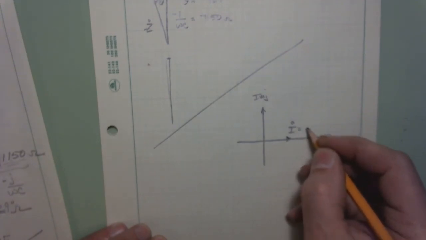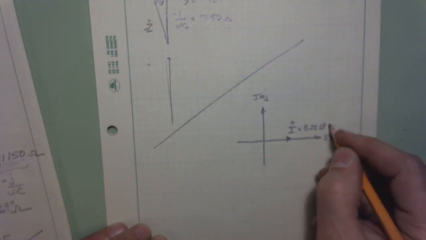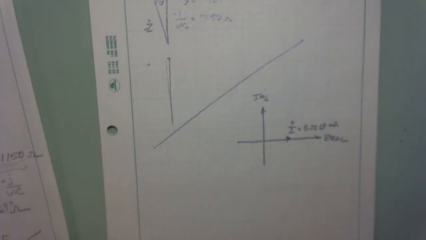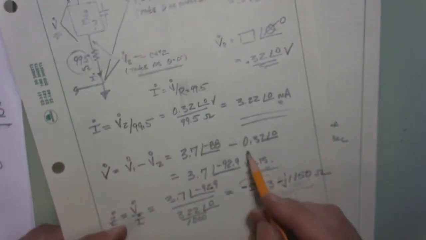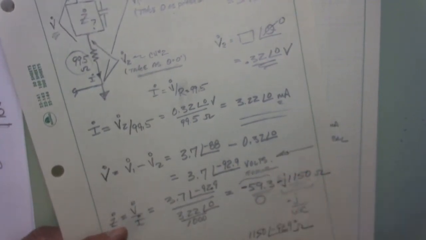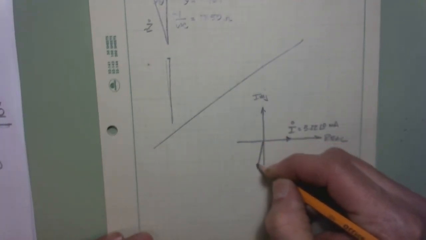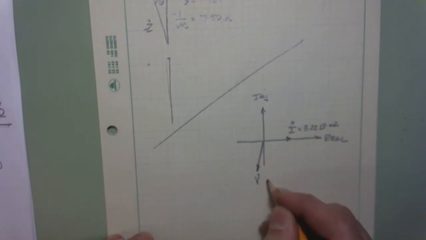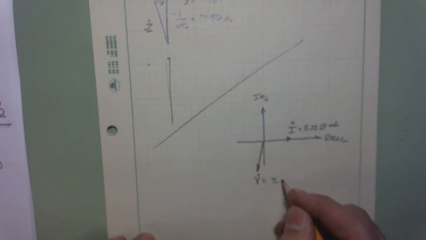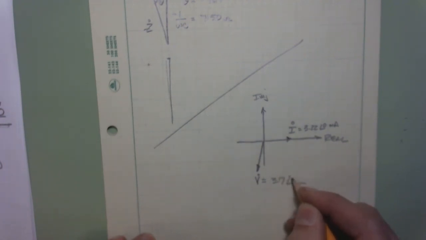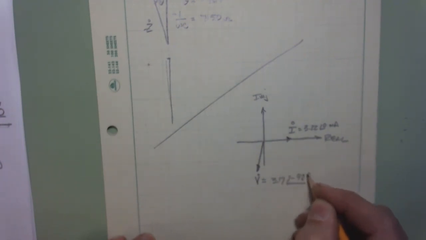And we might even say that that was 3.22 at 0 milliamps. And then what was V? Well, V is right over there, isn't it? 3.7 at minus 92. So that's going to put me right there. There's V, 3.7 at minus 92.9 degrees, and that's volts.